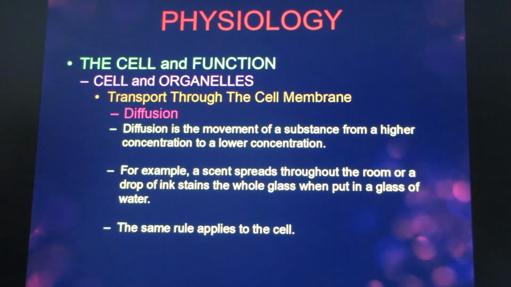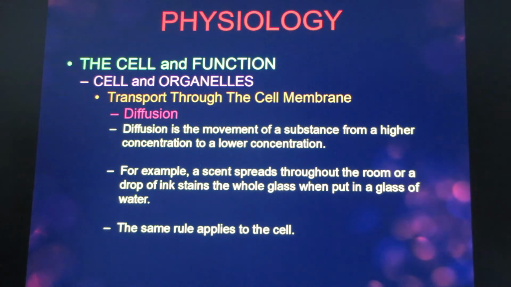Now let us take a look at the transport through the cell membrane. One way of transportation through the cell membrane is by diffusion. Diffusion is the movement of a substance from a higher concentration to a lower concentration.